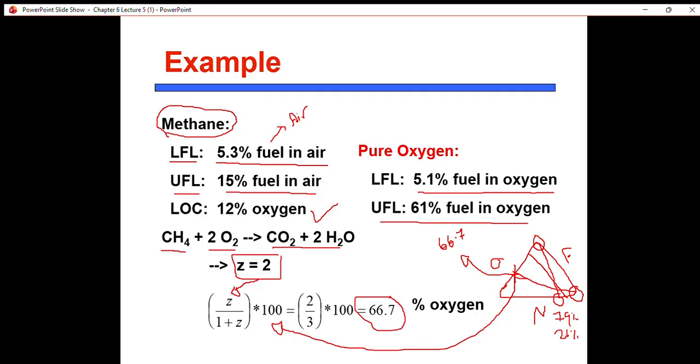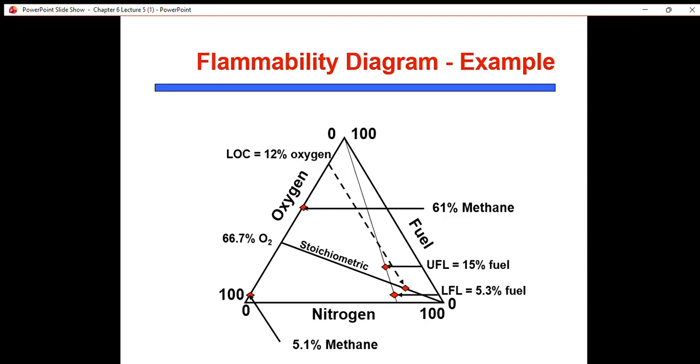Now we're gonna see how to place these pieces of information and establish them on the flammability chart. Let's start step by step. As we mentioned, we're gonna draw the air line first.